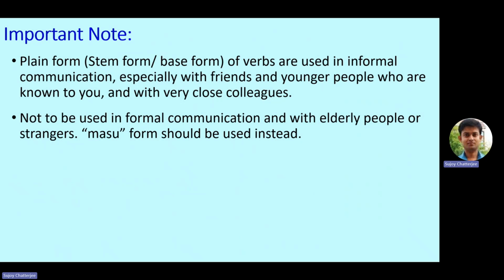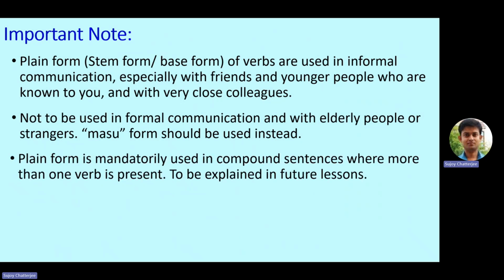So plain form verbs are basically used for informal situations, and also plain form verbs are mandatorily used in compound sentences, that means where more than one verb is present. In compound sentences, only the main verb at the end of the sentence is represented using the masu form. All the rest of the verbs in the sentence will be represented in the plain form.